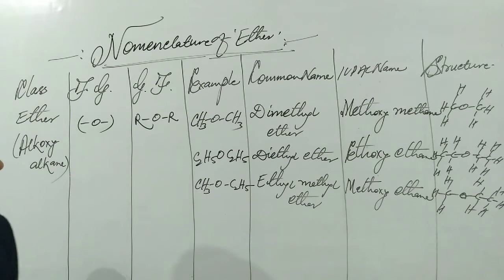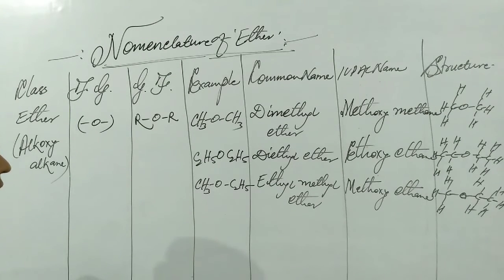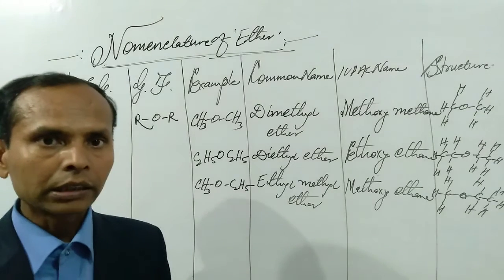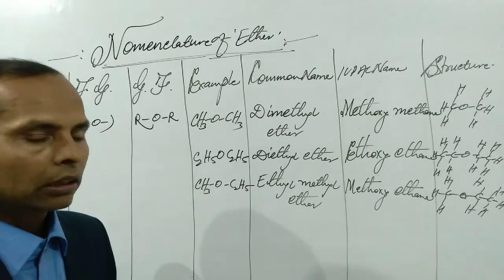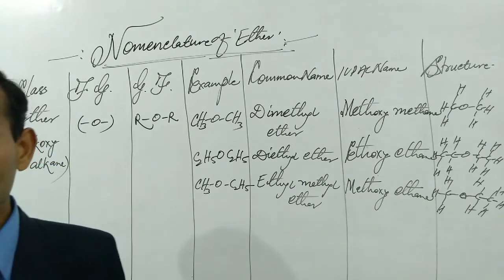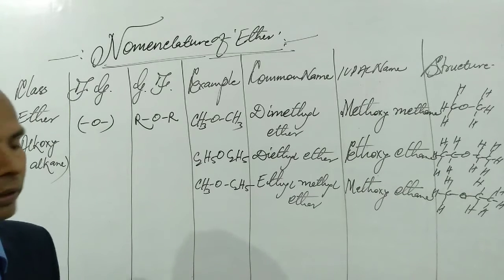We can again see this compound contains two different alkyl groups. One of the alkyl groups is methyl, another is ethyl. So we write ethyl first, because in alphabetical order the letter E comes before the letter M. According to the IUPAC system, alphabetical order is followed in this regard.